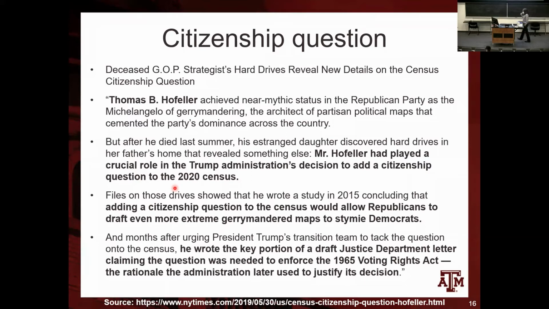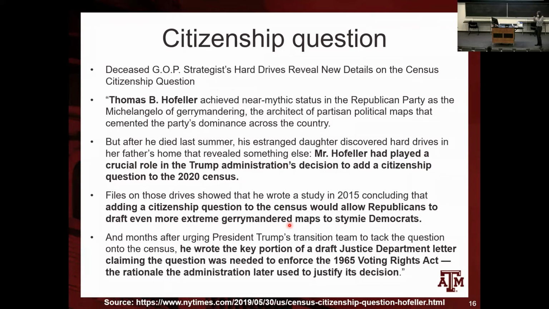What was interesting was that when he died, his daughter provided a series of information available in his hard drives and computers to the public, in which he says in his notes that adding a citizenship question to the census would allow Republicans to draft even more extreme gerrymandering maps to increase the votes towards Republicans.